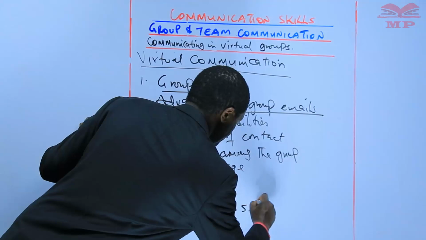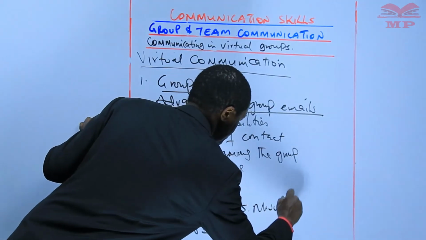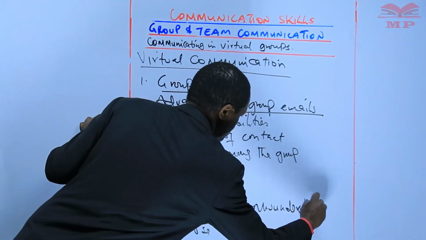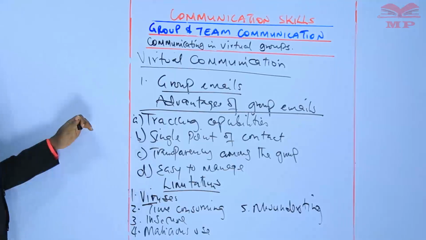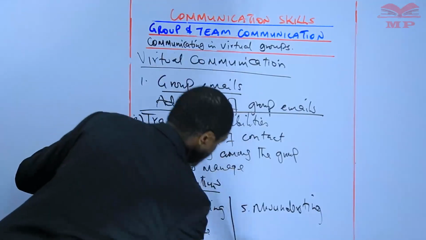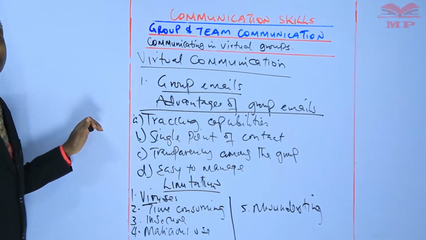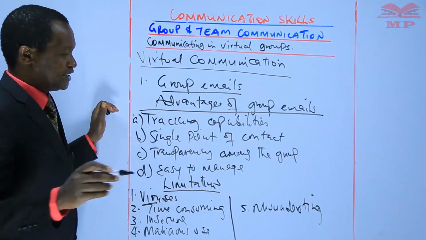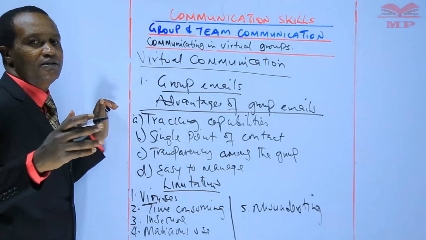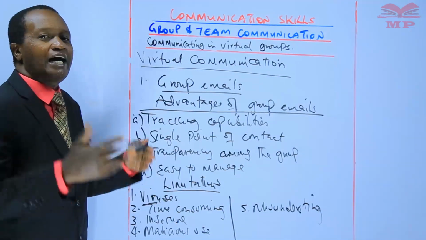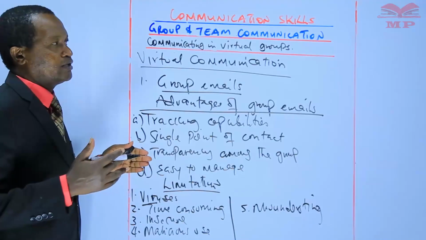Number 5, misunderstanding. That's another limitation of group emails, misunderstandings. It is easy, candidates, for misunderstanding to occur with email. Why?